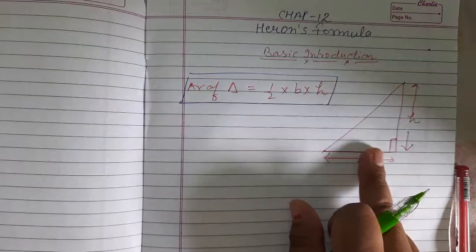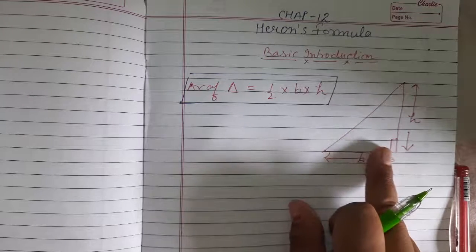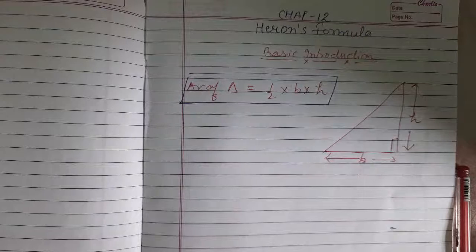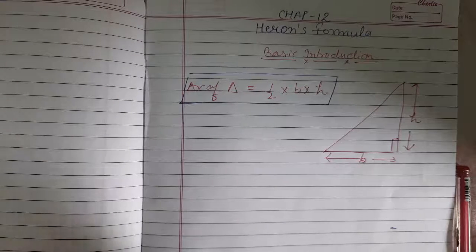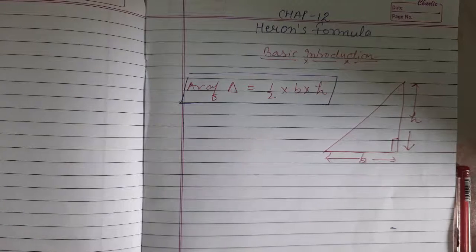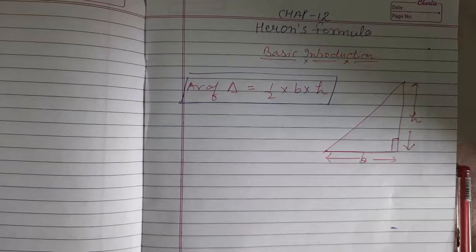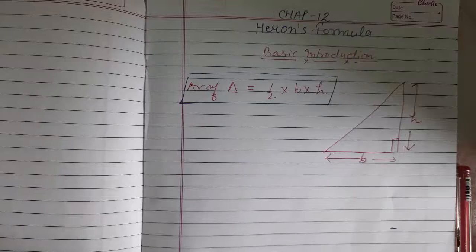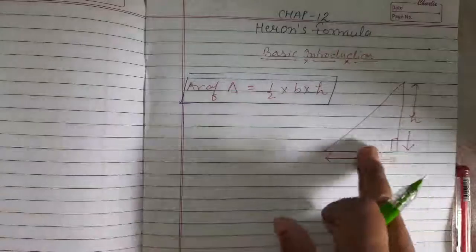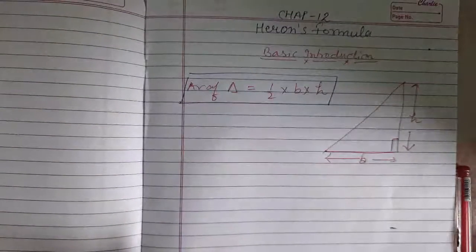But what happens if the triangle is not a right angle triangle? Suppose we have a scalene triangle or an obtuse angle or acute angle triangle. How can we calculate the area of those triangles in which no angle is 90 degrees?